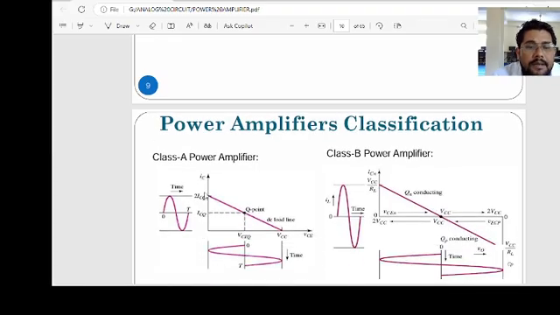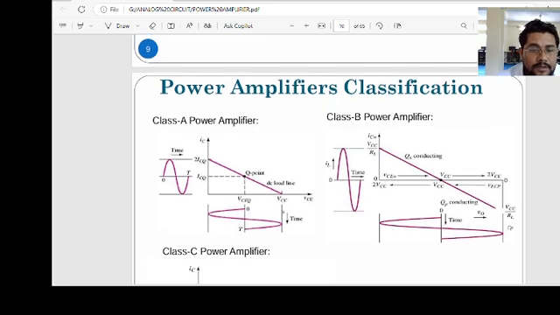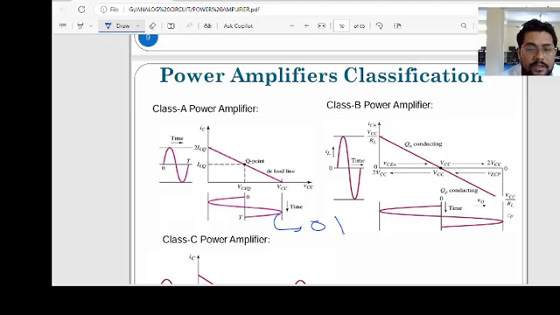This is the class A power amplifier. We are providing the input here, and the Q point is at the center of the DC load line. You can see the output here, this is the output signal, and here is the input signal.